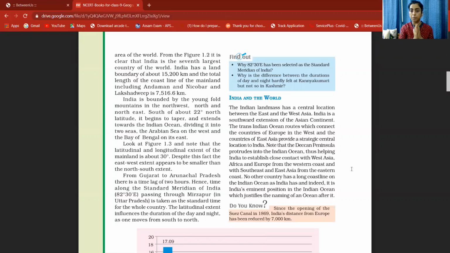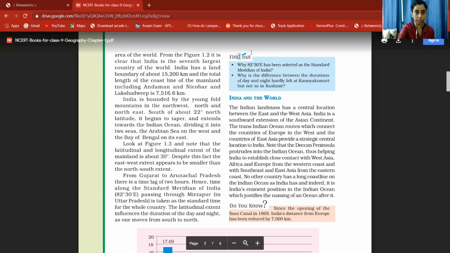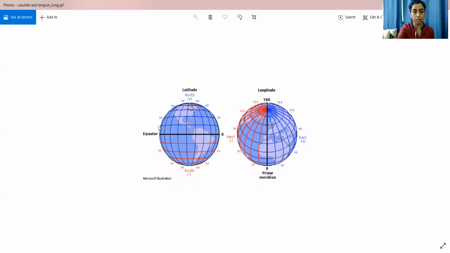But despite being equal, despite being 30 degree difference, why is it so that the east-west is smaller than the north and south? Now let's see why. I'll show you an image here. That's mainly because of the lines of latitude and longitude.